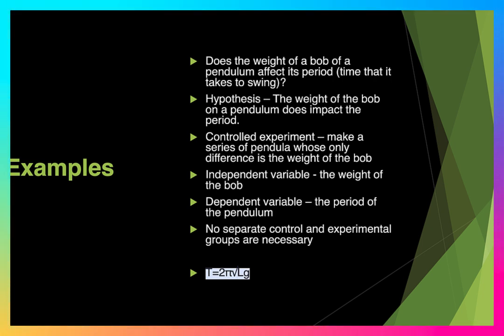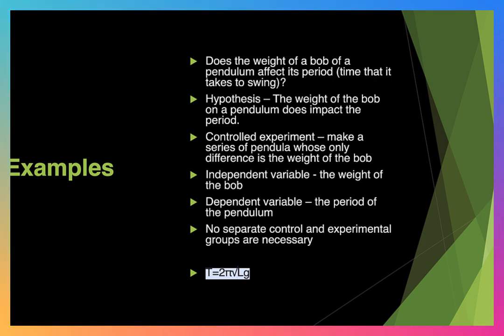The hypothesis would be the weight of the bob on the pendulum does impact the period, or the null hypothesis is the weight of the bob does not impact the period. A control experiment would be similarly to make a series of pendula whose only difference is the weight of the bob. So everything else, the length of the swing, etc., would be kept the same. The independent variable is the weight of the bob.